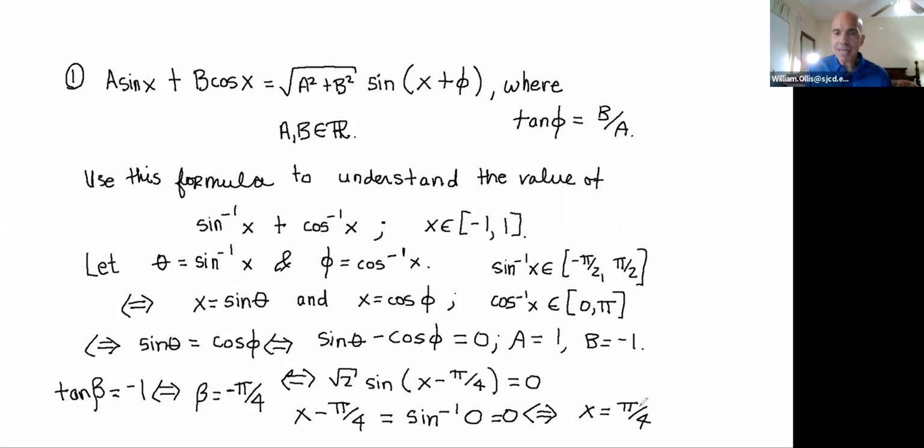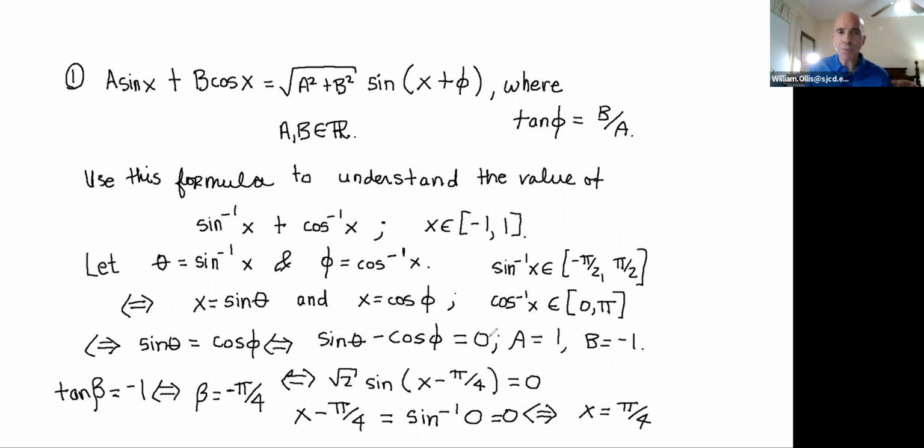Now, why does that make sense? Well, of course it makes sense, because when we look at these particular values here, they have to be consistent with the inverse cosine and the inverse sine.